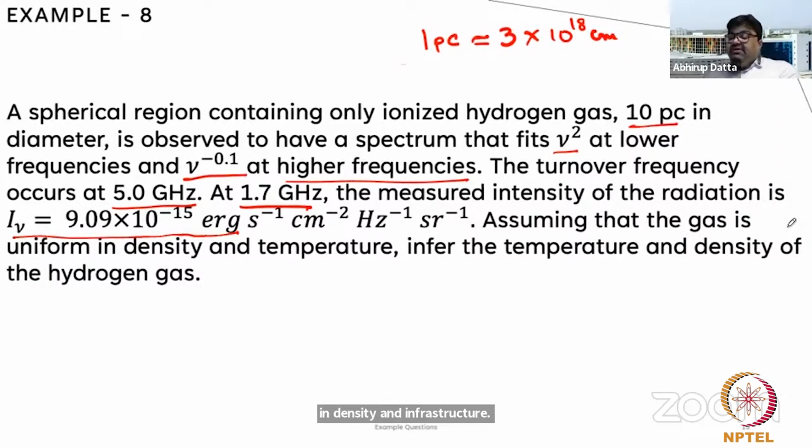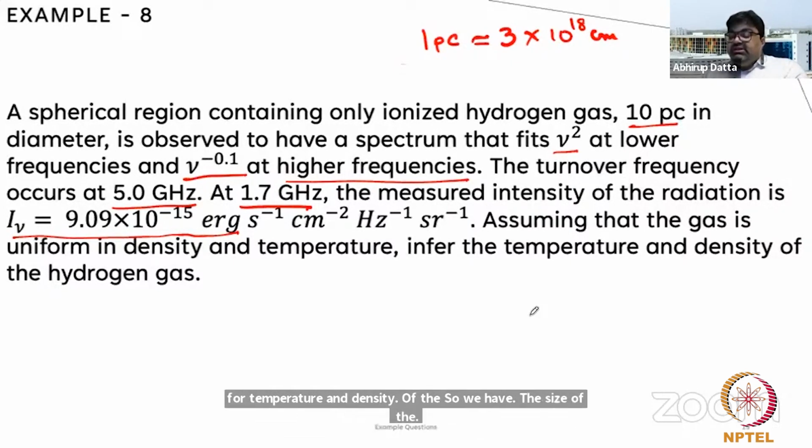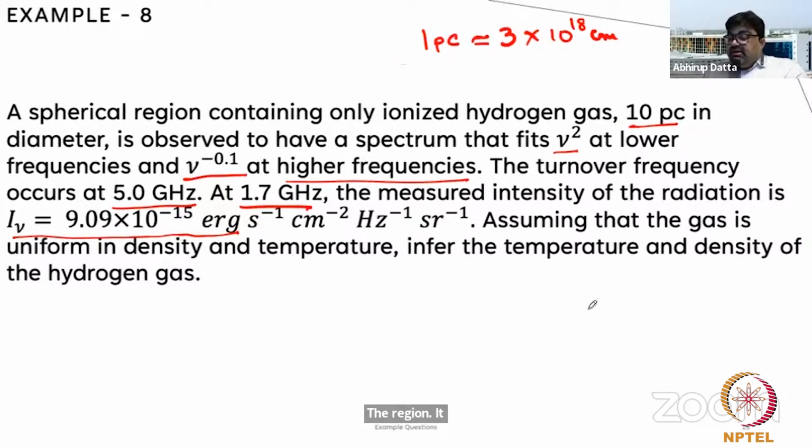So we have the size of the region, a spherical region, with the diameter given as 10 parsec. And we have two different parts of the spectrum.